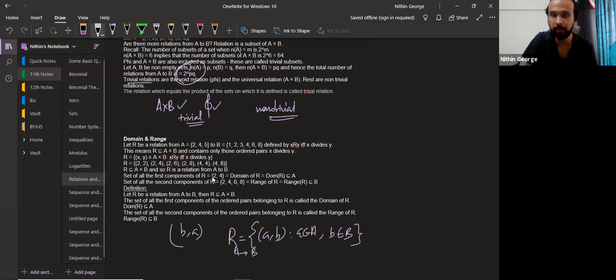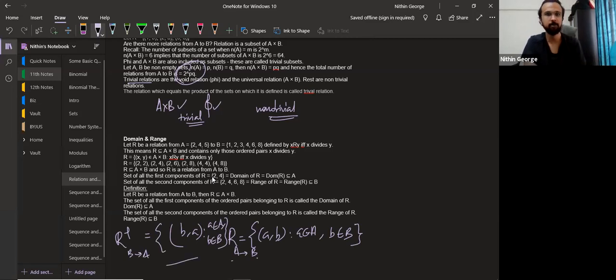It's from set A to set B. So here, the inverse will be from B to A. It will be described by (b, a), where a is still an element of A and b is still an element of B. This is what an inverse relation is. You just take the complete upside down, ulta. Yeah, that's where you go.